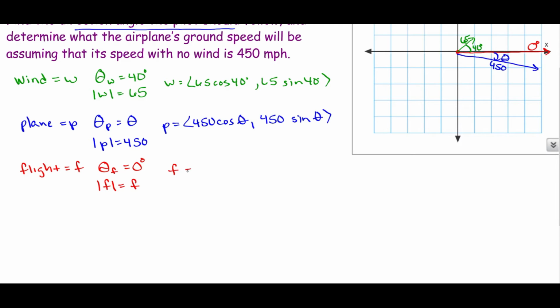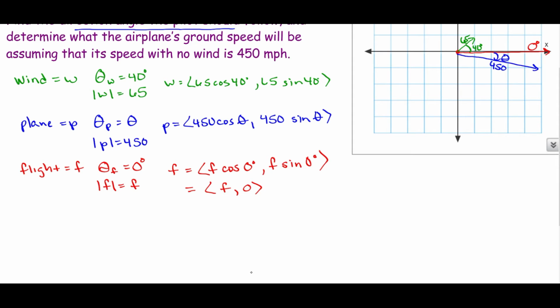And then the flight path is going to be the magnitude, or the speed of the plane with the wind, times the cosine of 0 degrees, and then that magnitude times the sine of 0 degrees. Now we don't know the magnitude here, but we do know the sine and cosine of 0 degrees. So the cosine of 0 is 1, so this is going to be F, and then the sine of 0 is 0, so this is going to be 0.